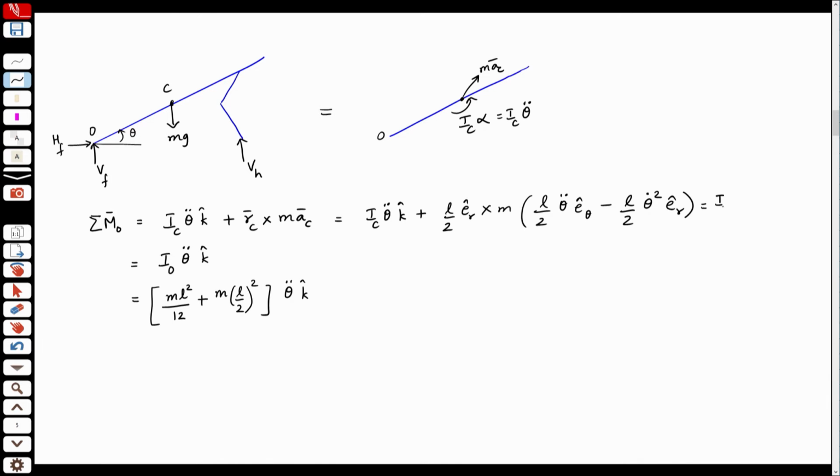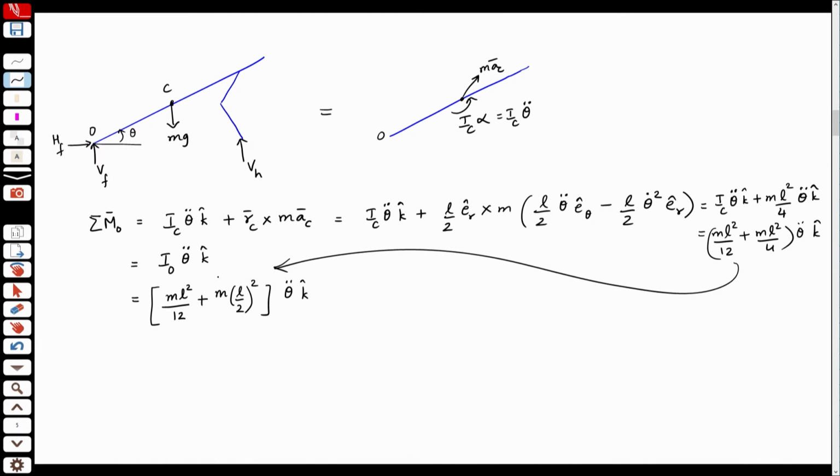I will be left with I_C theta double dot k plus m L square by 4 theta double dot k, which is nothing but I_C is m L square by 12 plus m L square by 4 into theta double dot along k, which is nothing but I_O theta double dot.